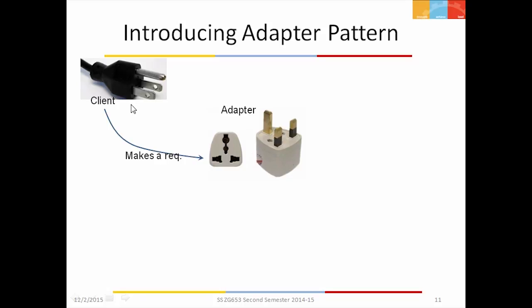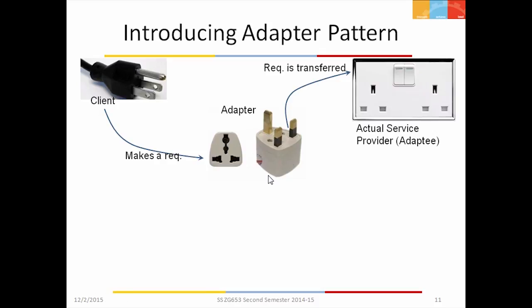This could be American plugs, and this could be possibly European plugs. So now it is transferred to the socket here. This is the power supply, where there is power here, but you see the shapes are different.